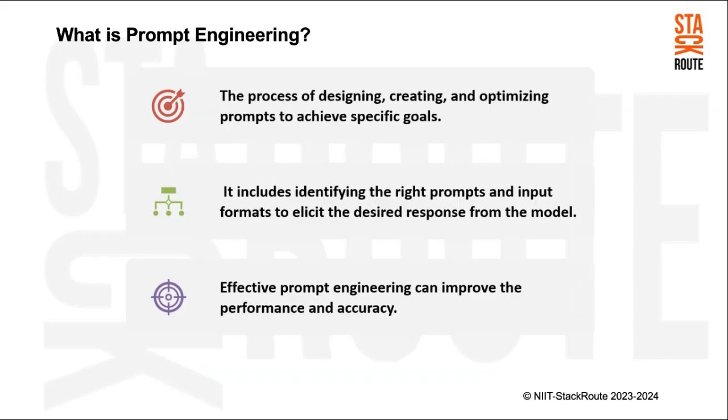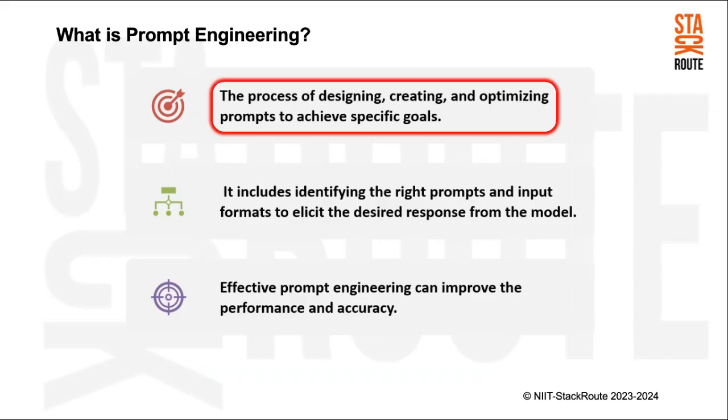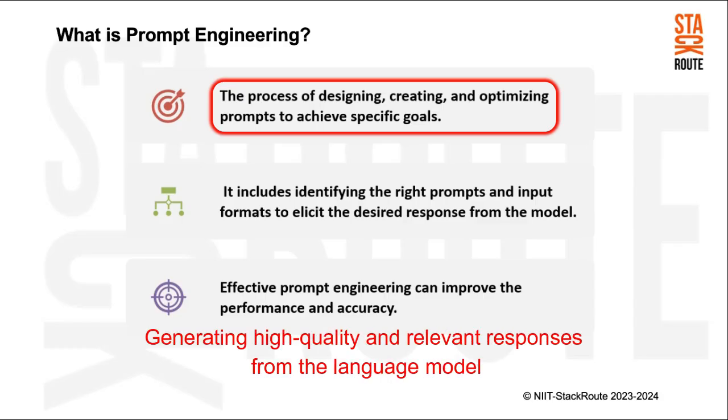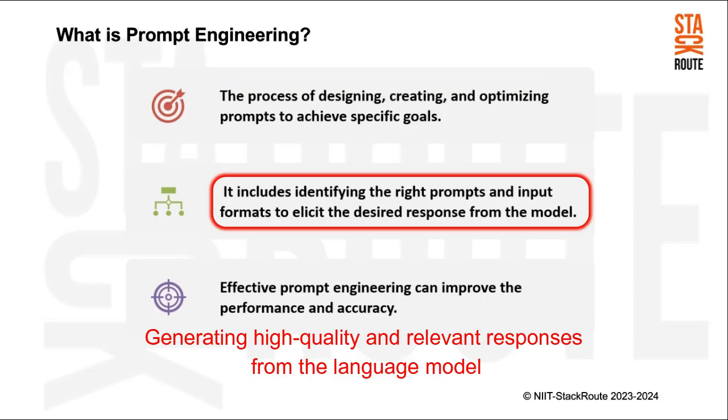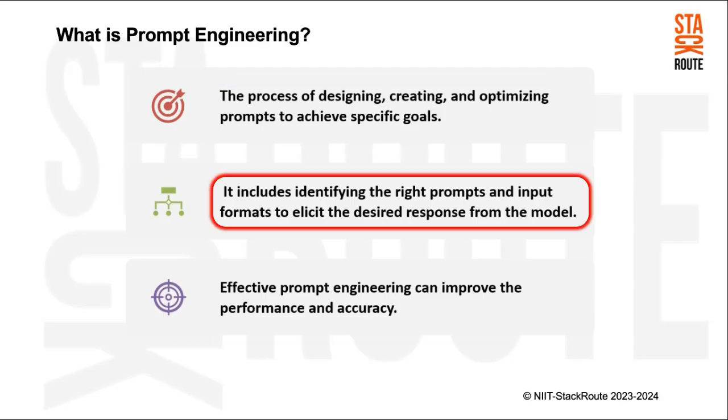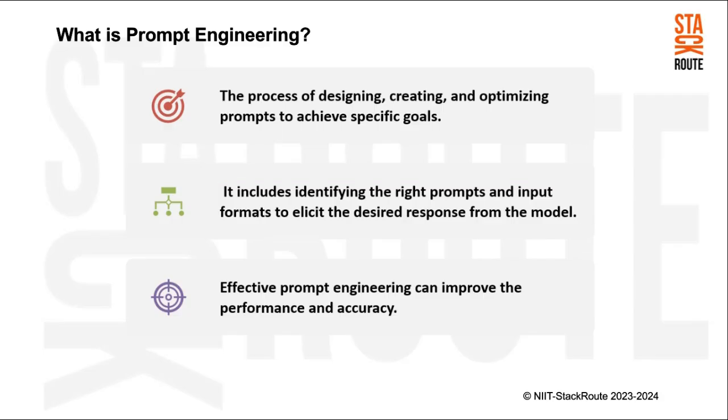Prompt engineering in ChatGPT refers to the process of designing, creating, and optimizing prompts to achieve specific goals, such as generating high quality and relevant responses from the language model. It involves identifying the right prompts and input formats that will elicit the desired response from the model and optimizing those prompts based on the quality and relevance of the output.